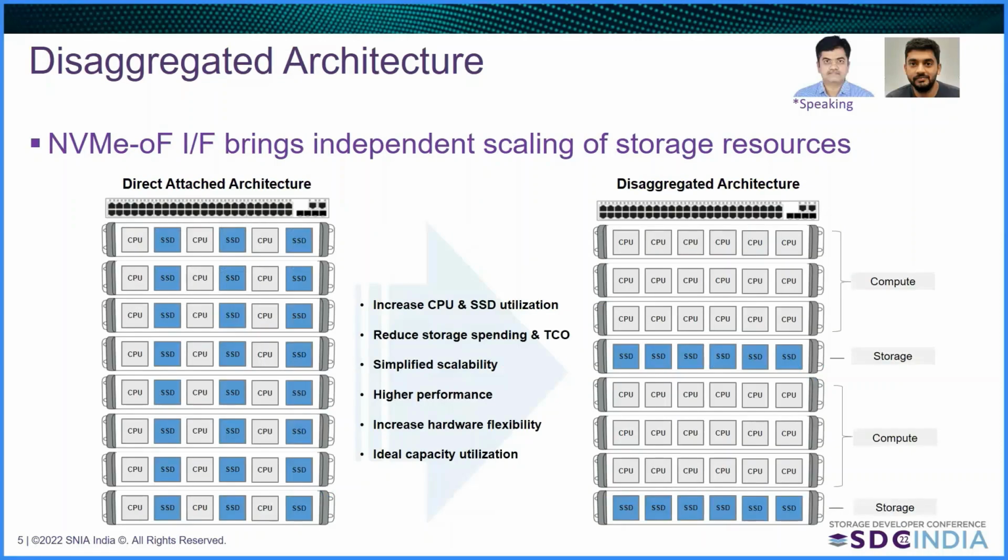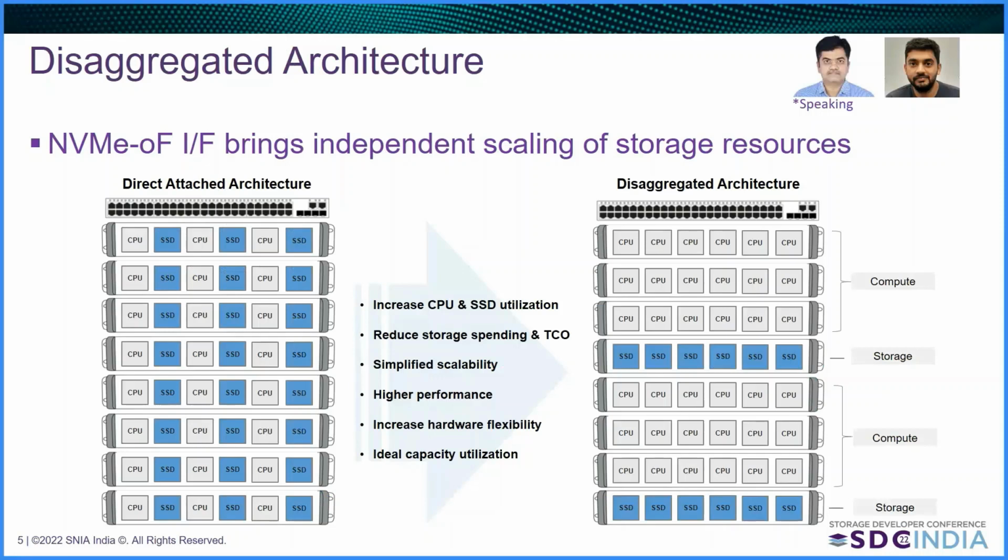When we compare disaggregated architecture with the direct attached architecture, we see one major issue with the direct attached architecture, which is scalability. Also, the total cost of ownership, as the NVMe SSDs are costly and have to be maintained on premises. NVMe-oF interface brings independent scaling of storage resources by means of disaggregated architecture, where CPU and storage can be segregated into compute and storage interfaces.